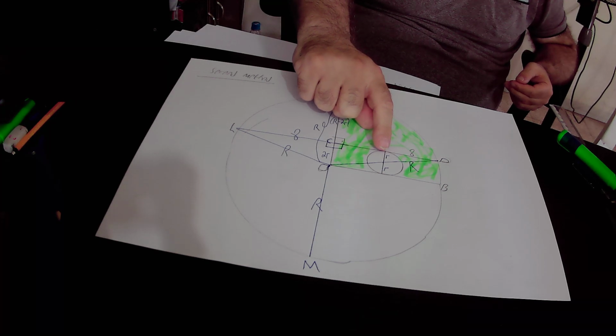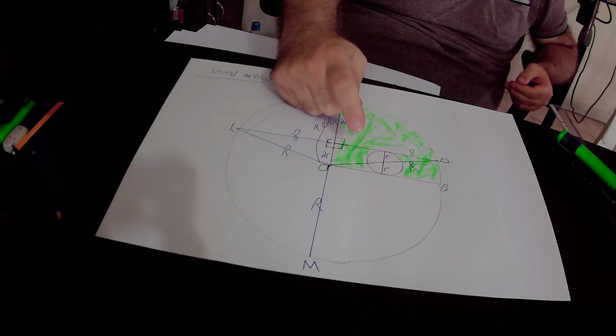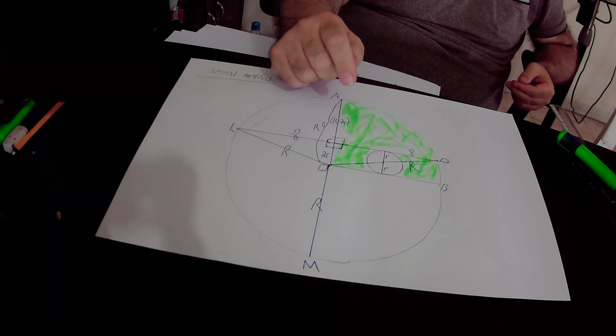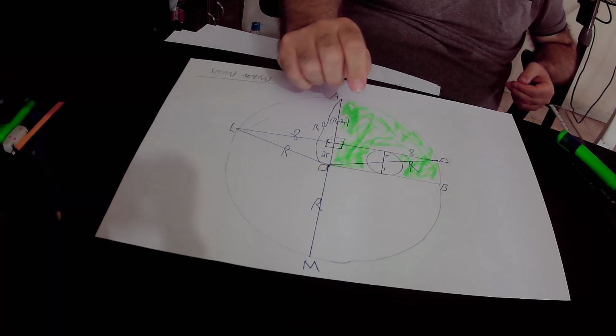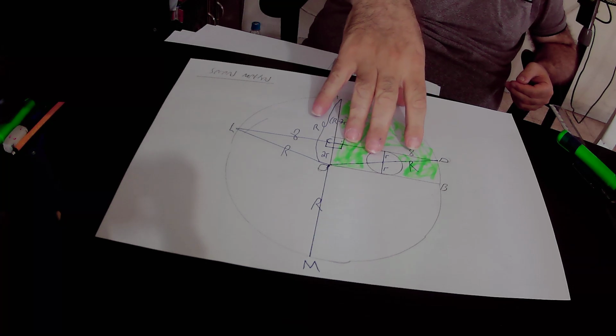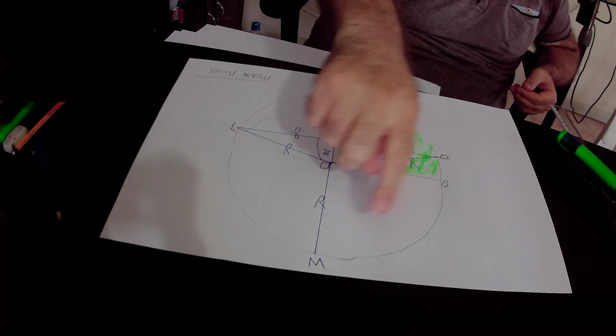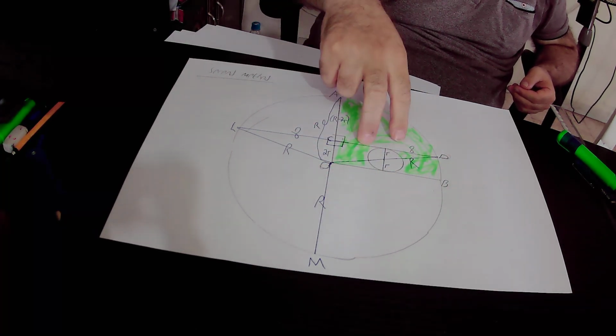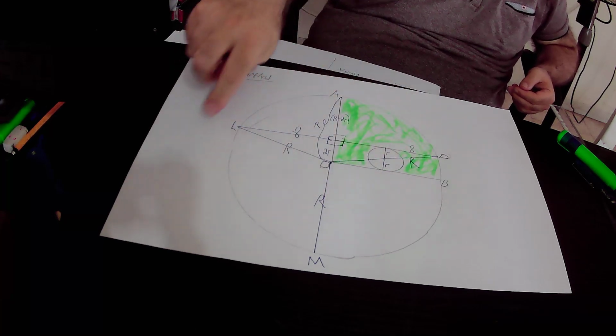This is the radius of the small circle. This is also the radius of the small circle. And here we completed this quarter circle to a semicircle. We completed the quarter circle to a circle.